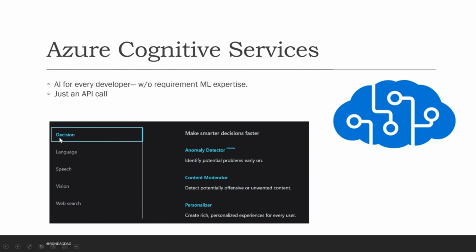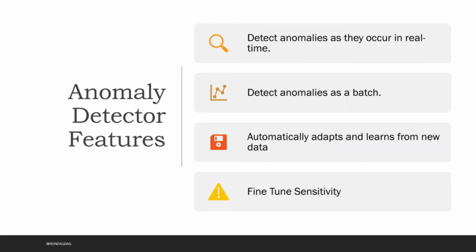One of the APIs is Decision, and there you have Personalizer, Content Moderator, and of course we're going to talk about Anomaly Detector, where you can identify potential problems early on. Anomaly Detector, as part of Cognitive Services, can detect anomalies as a batch, or in real time.